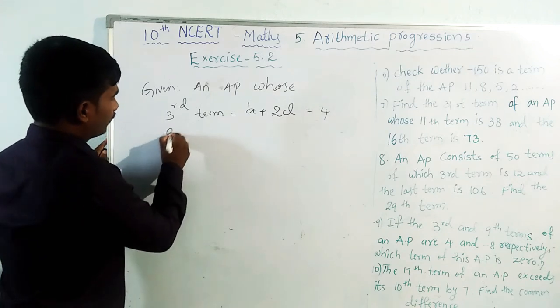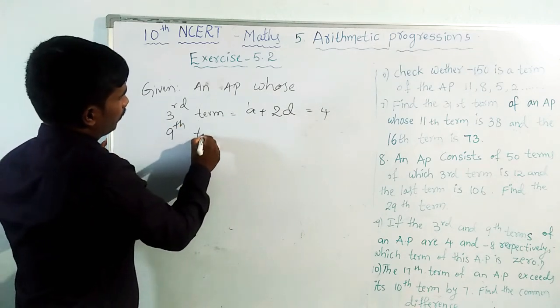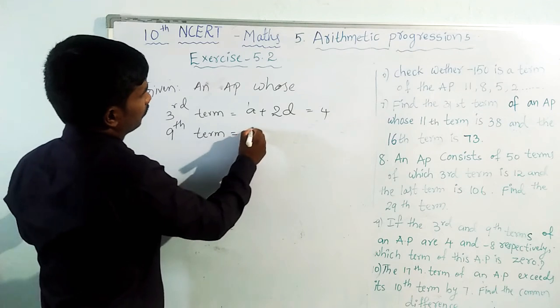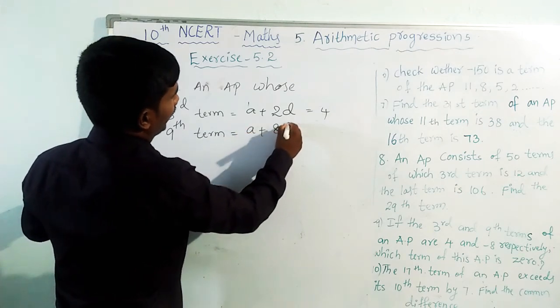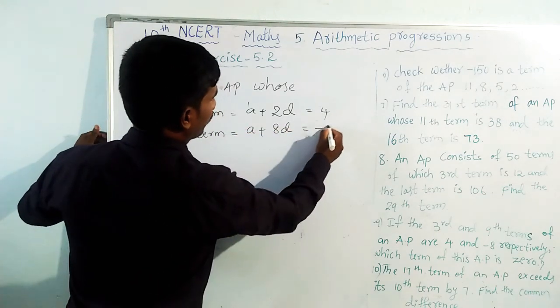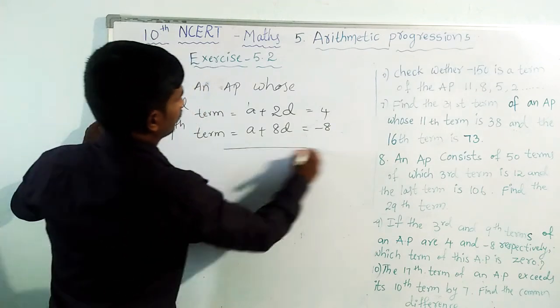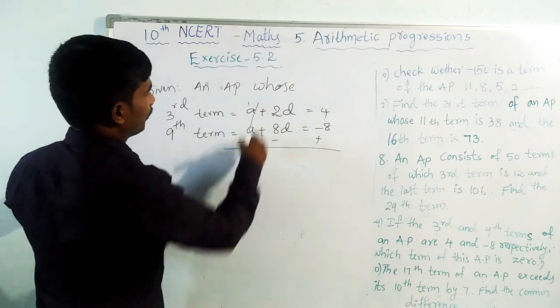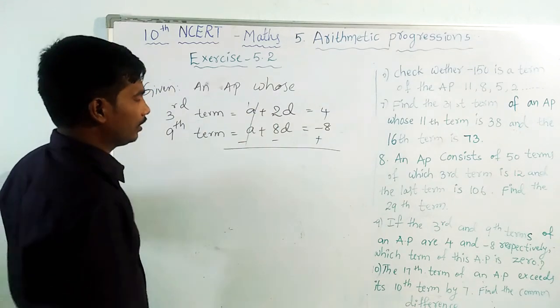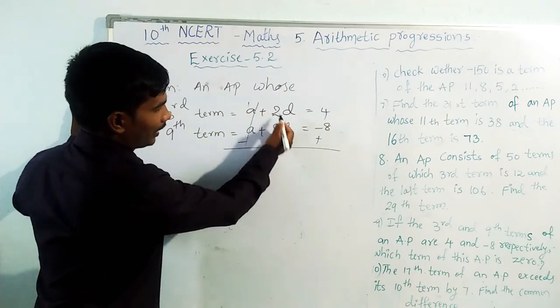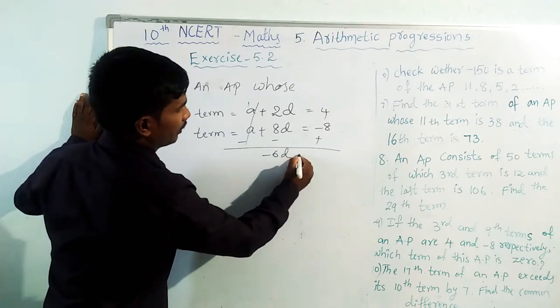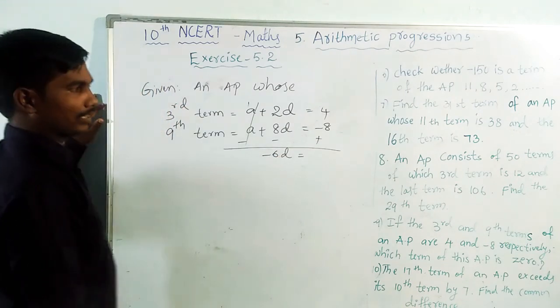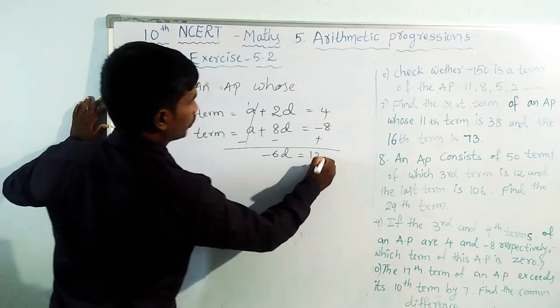Next, the ninth term means A plus 8D is equal to how much? Minus 8. Yes, same subtraction. Minus minus plus. Minus 8 minus 4, A and A cancel. Minus 6D is equal to minus 8 minus 4, that is minus 12.